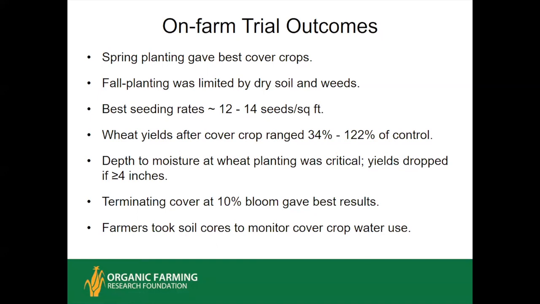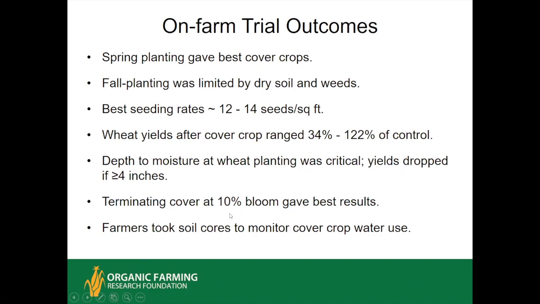If that was less than 4 inches, the grain drill could place that wheat seed in moisture and it would come up. Wheat being fairly drought tolerant, it can come up in a little bit of moisture, get its roots down and get established. But once that moisture was below 4 inches, you had severe problems with establishment and considerable yield drop.